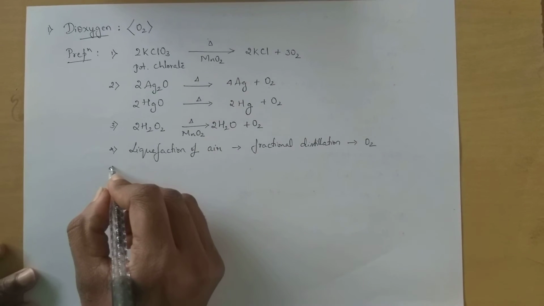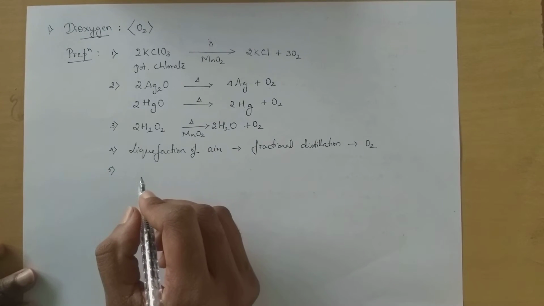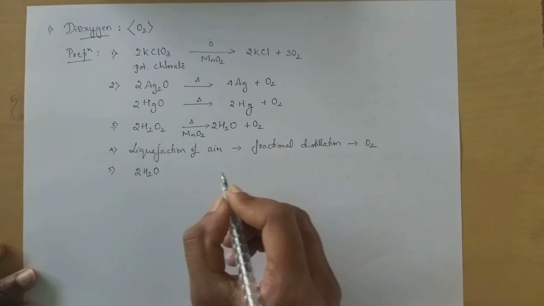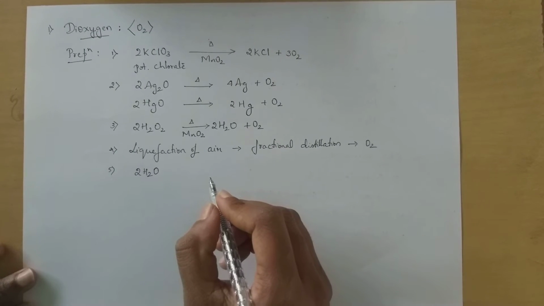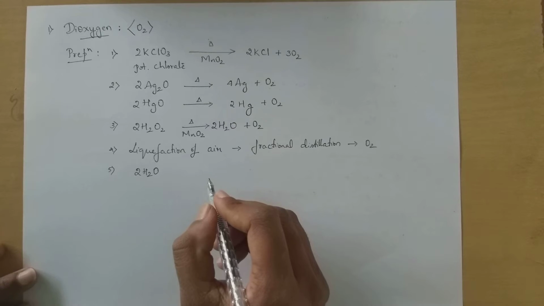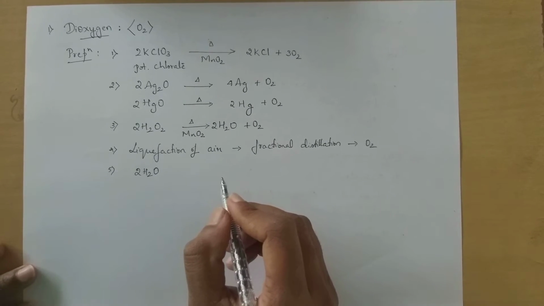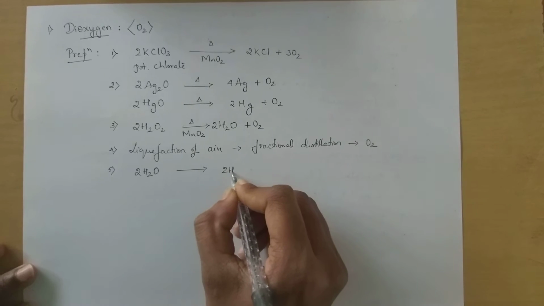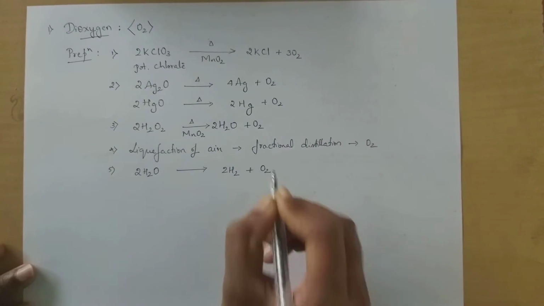Next, one more method, that is electrolysis of water. In the presence of an electric field we do electrolysis, so water gets decomposed to hydrogen and oxygen.